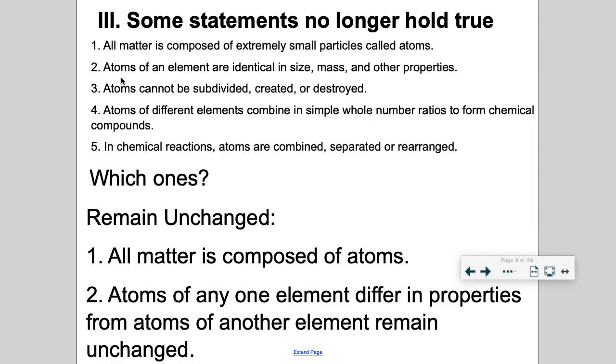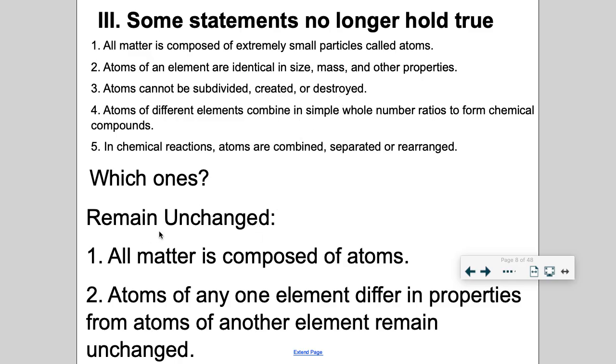We can take atoms and subdivide them, break them down into their subatomic particles, and know that those subatomic particles can be further subdivided. But when they can't be created or destroyed, they still maintain the law of conservation of mass. So that statement right there really no longer holds true.